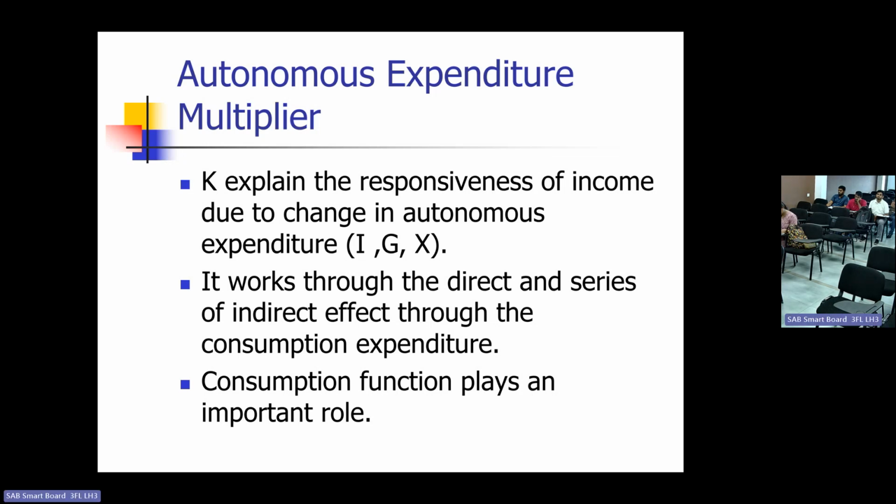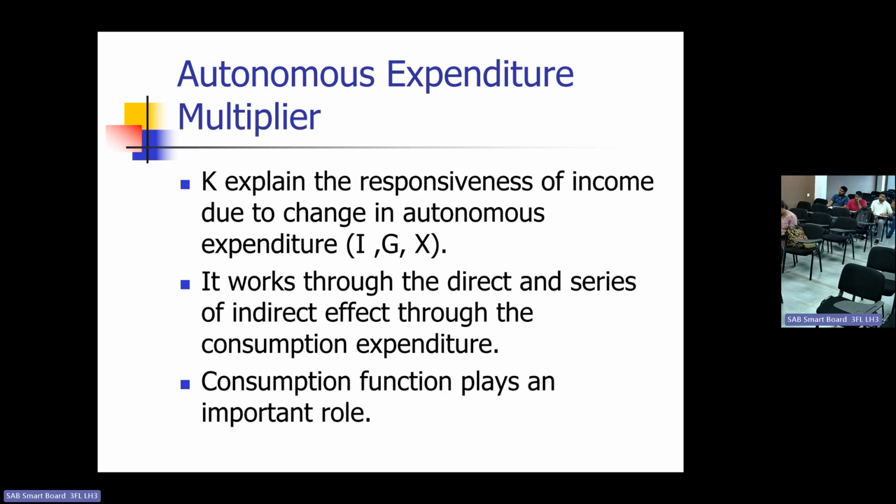When consumption decreases, what happens? That will reduce the aggregate demand. Aggregate demand is the sum of C plus I plus G and so on. When consumption decreases, aggregate demand also decreases. When aggregate demand decreases, income decreases because Y equals aggregate demand. Then when income decreases, again there will be a negative effect.